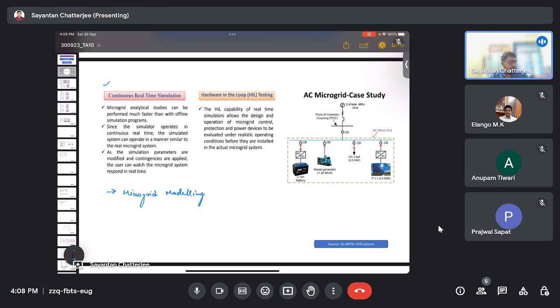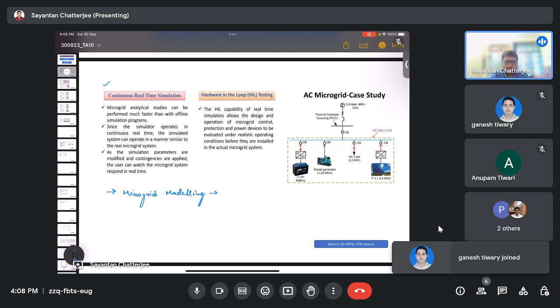If we can model the microgrid accurately, then we can analyze the results in a much better fashion. That would give some beneficial outcome. Based on that, we can decide whether we would be implementing or whether it needs some updation or changes, and whether the system is feasible or not. Okay, so this is the first part.